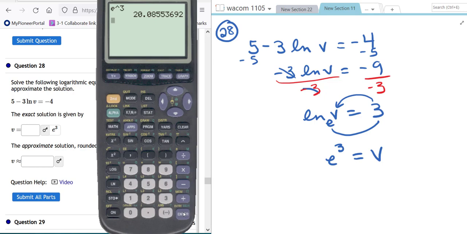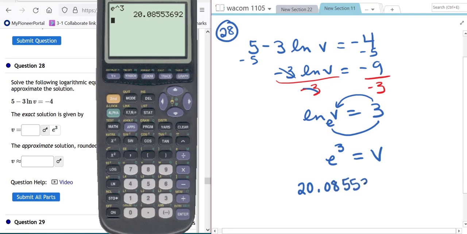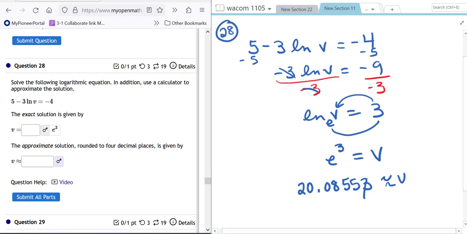And this gives us 20.08553. And the 3 will drop off. Good.